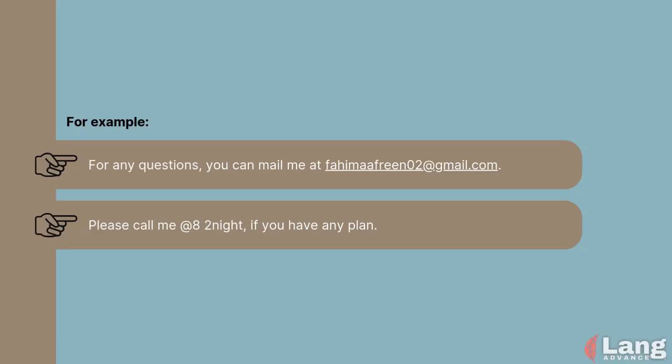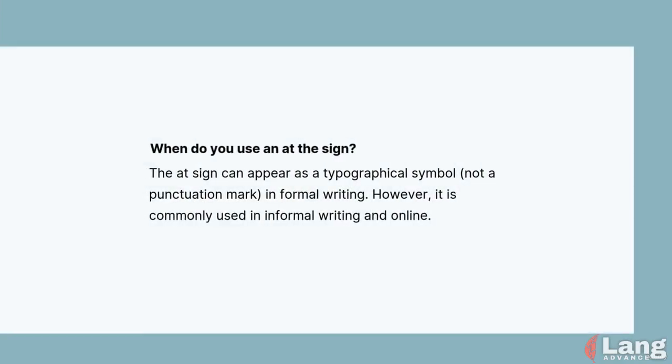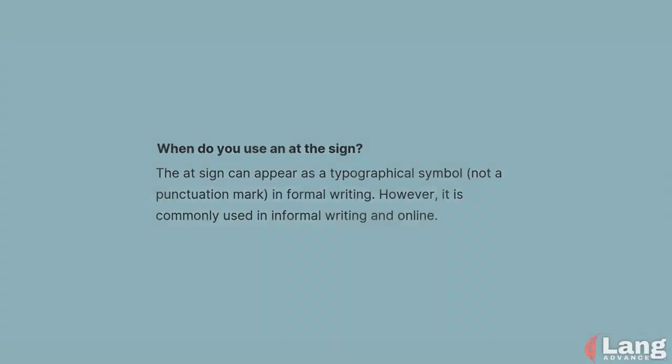Please call me at 8 tonight if you have any plan. When do you use an @ sign? The @ sign can appear as a typographical symbol, not a punctuation mark, in formal writing. However, it is commonly used in informal writing and online.